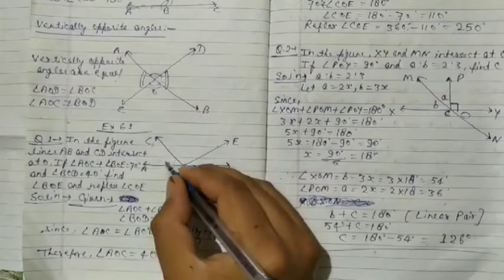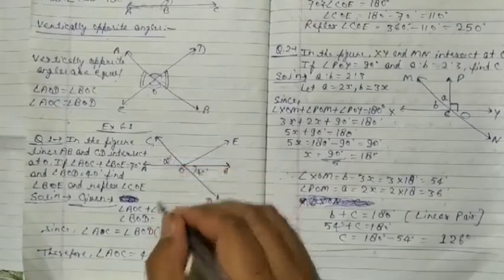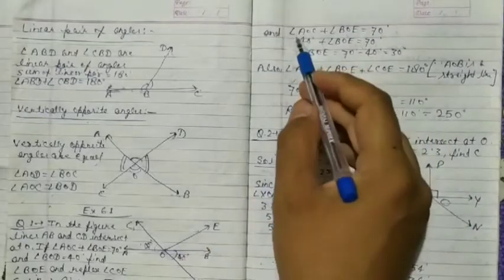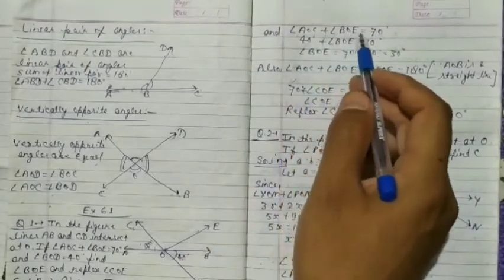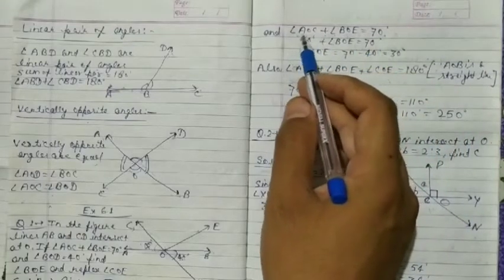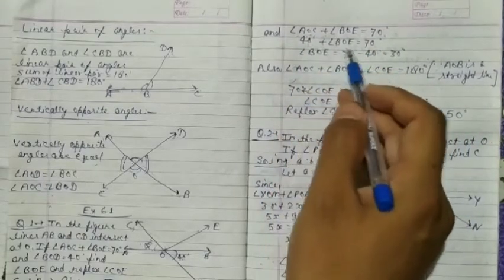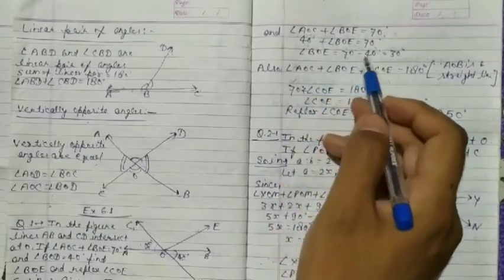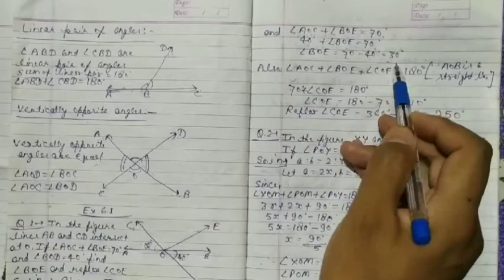And angle AOC plus angle BOE equals 70 degree, which is given. Put the value of AOC, 40 degree plus angle BOE equals 70 degree. BOE equals 70 degree minus 40 degree equals 30 degree.